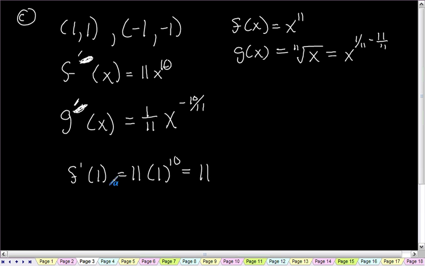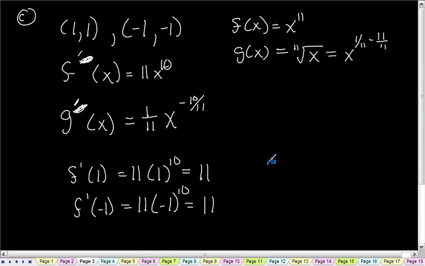And f prime at negative 1 is equal to 11 times negative 1 to the 10th power. Anytime there's an even power and there's a negative inside the parentheses, that always comes out positive. So this also comes out to 11. So at 1 it's 11, and at negative 1 it's 11.